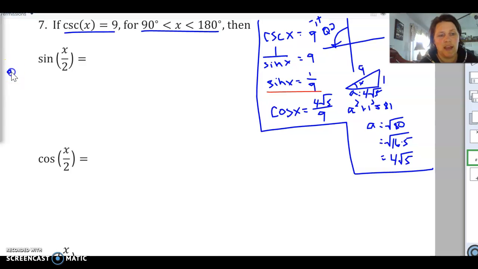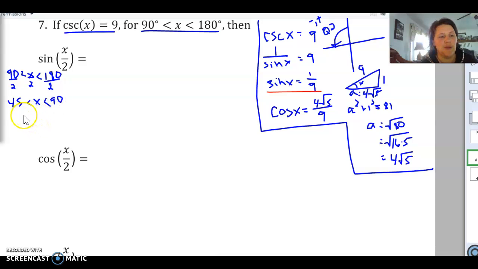So if we had 90 is less than x is less than 180, well, what do we want? We want it to be x over 2. To get x over 2, I would have to divide x by 2. If I divide that x by 2 in the middle, I have to also divide everything else in that inequality by 2. So now I have x over 2 is between 45 and 90.